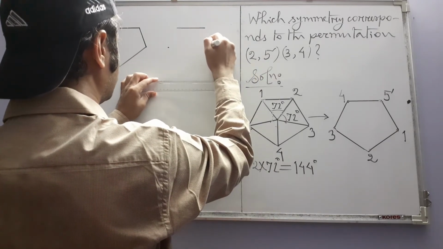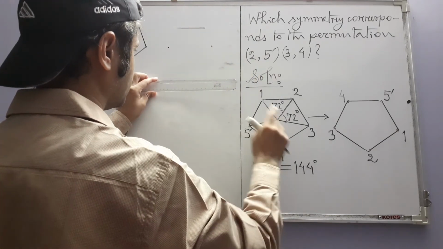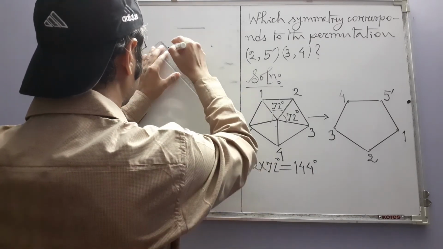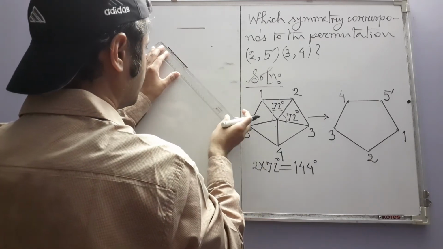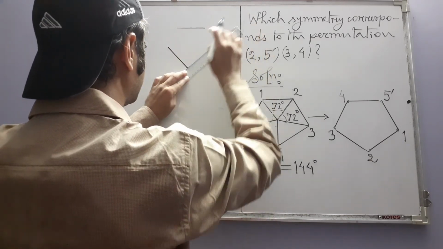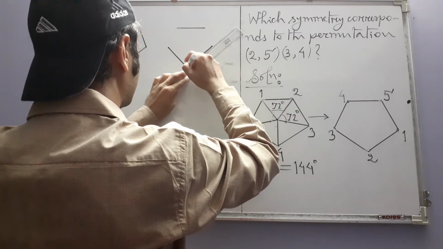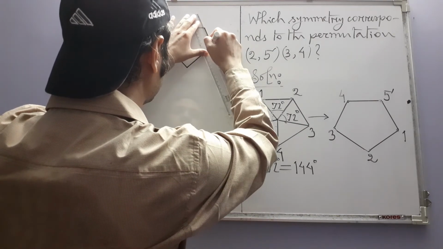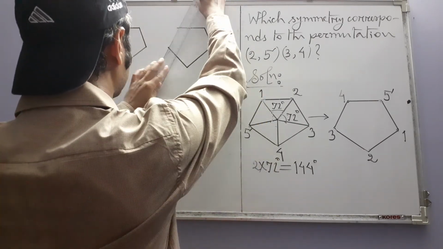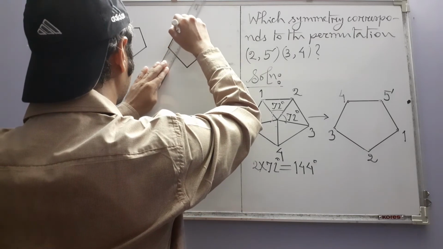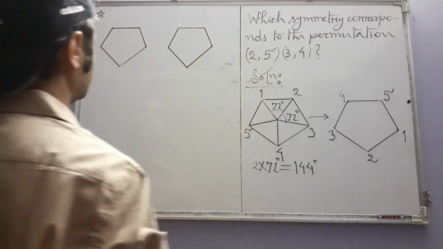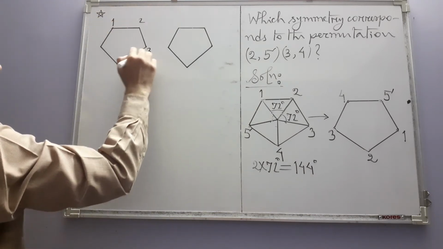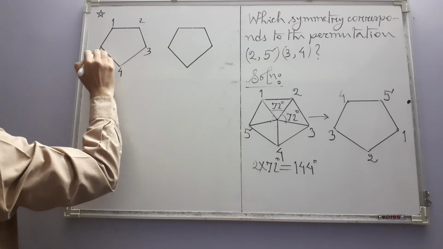In order to draw a regular one, we have to carefully keep the angles same. Again, 1, 2, 3, 4, 5.